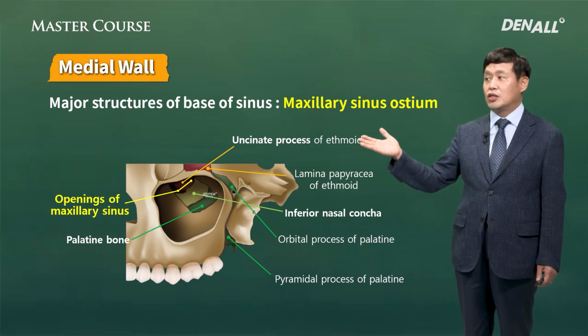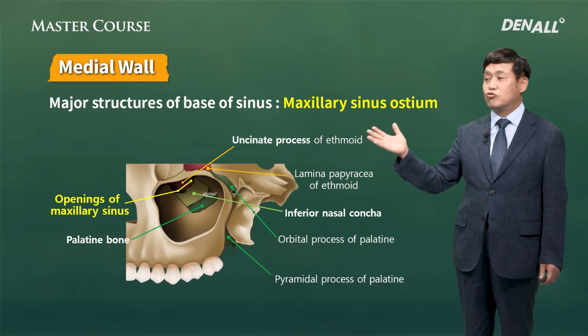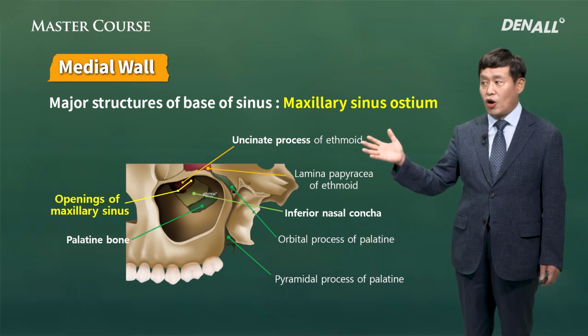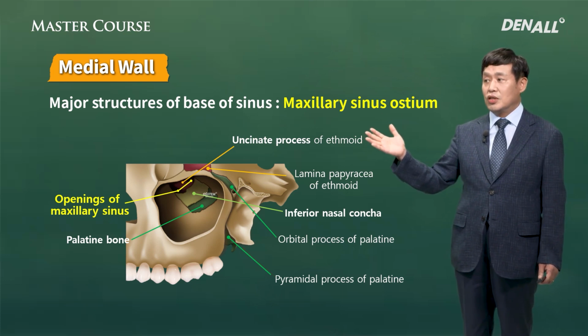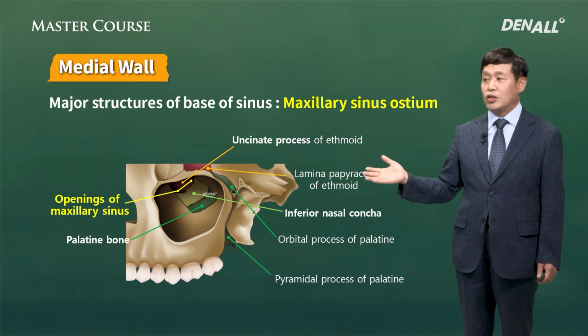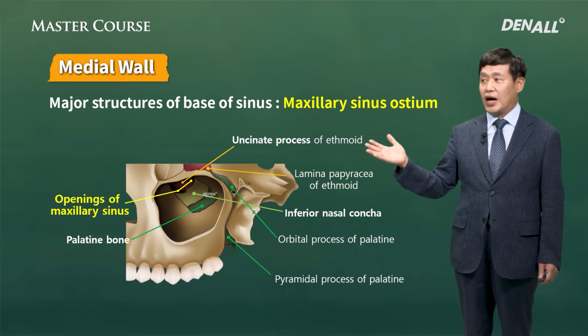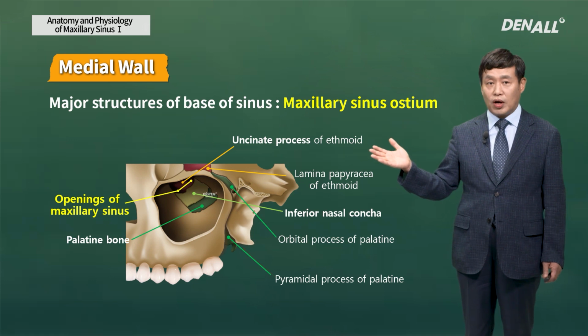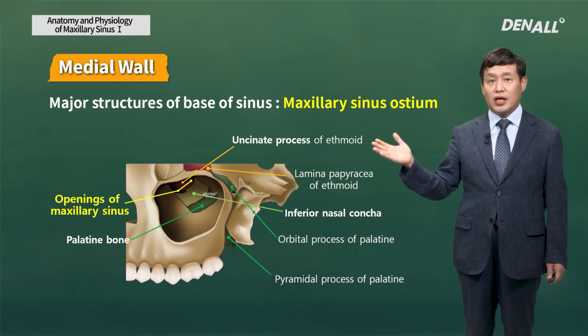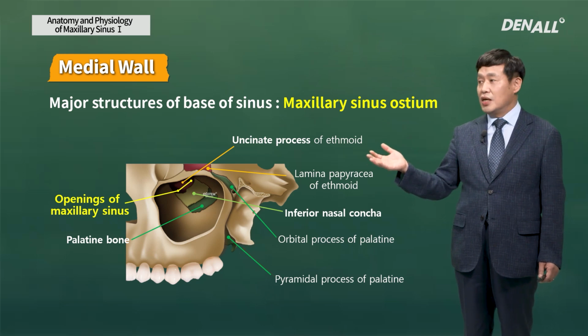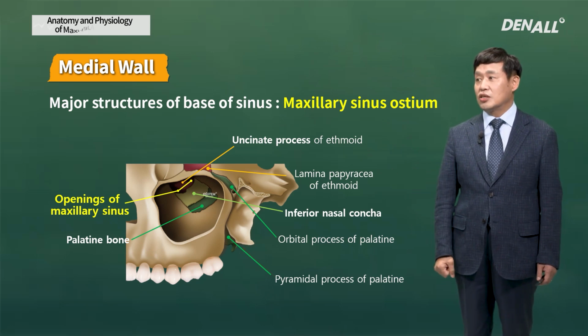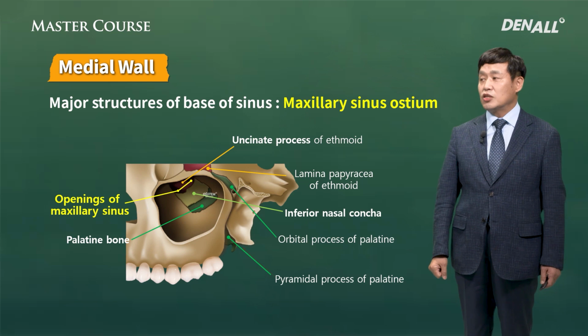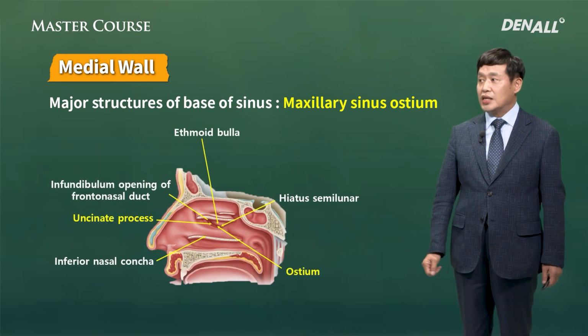The uncinate process and other structures exist which make access very difficult, but basically it is an opening between the ethmoid bone and inferior turbinate bone. The ostium of the maxillary sinus is the most important structure when it comes to the physiological function in the maxillary sinus, which will be discussed in the next lecture.